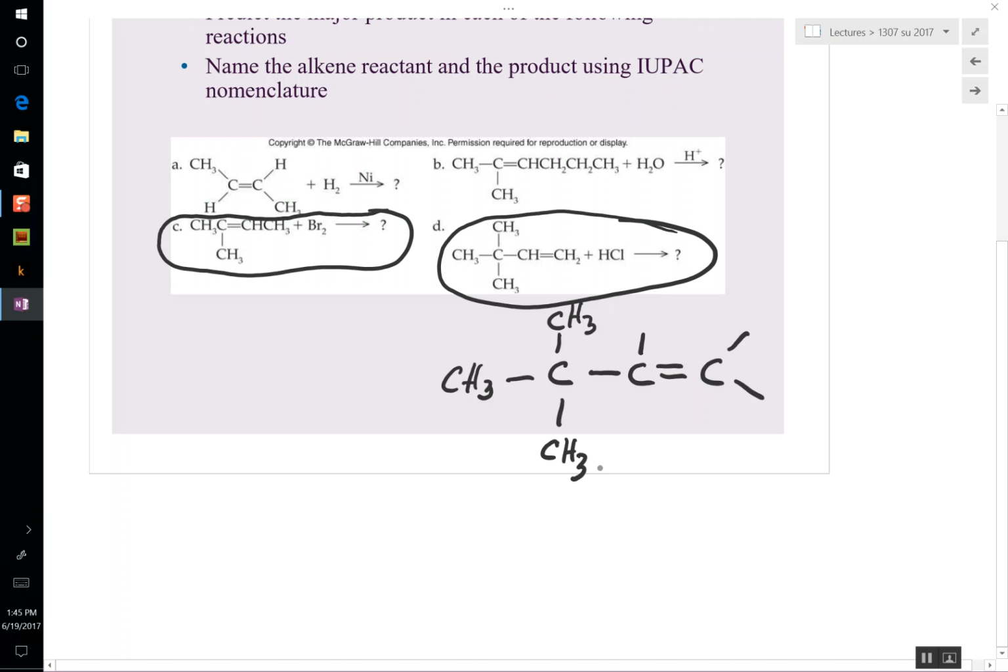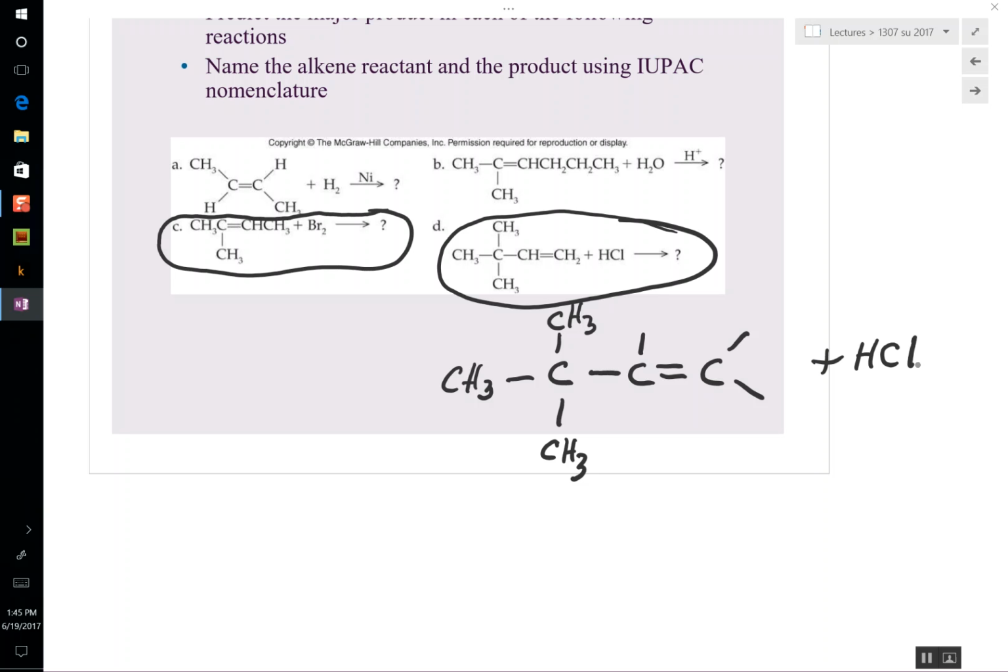Okay, now, the major product. Tell me what would be the major product. We're reacting HCl with this. So where is the H going to go? Is it going to go on this carbon or this carbon?